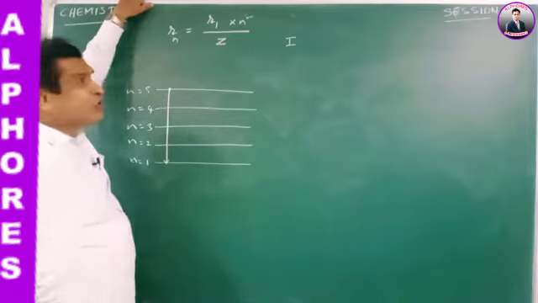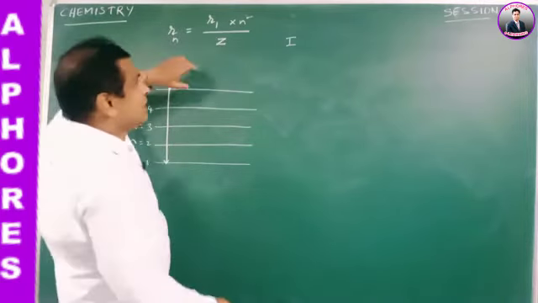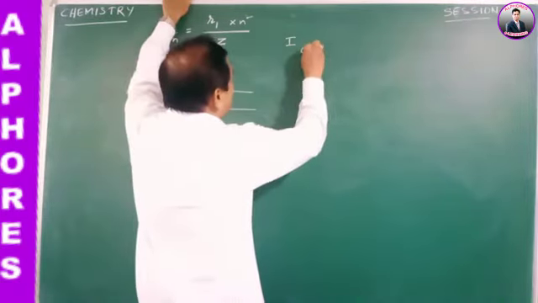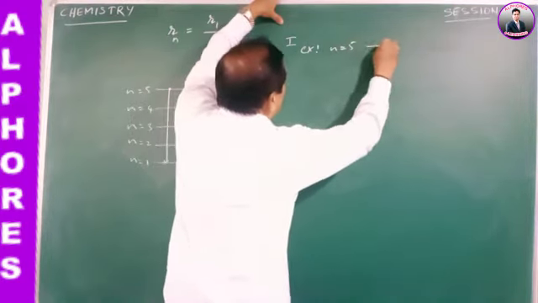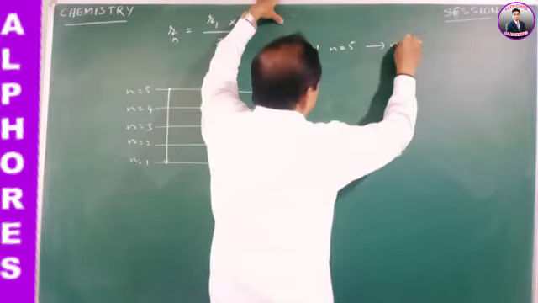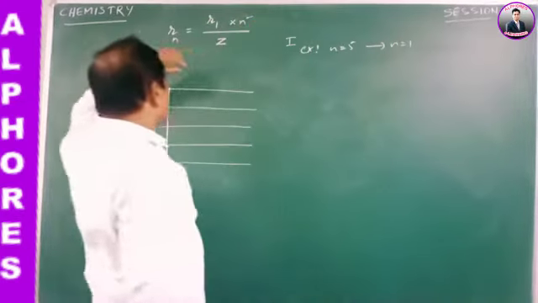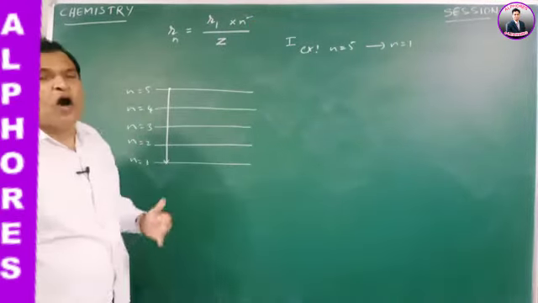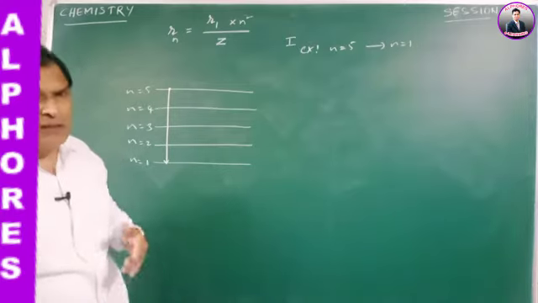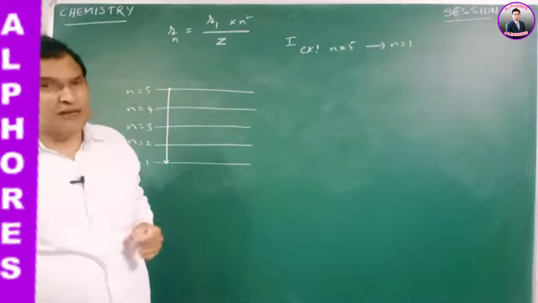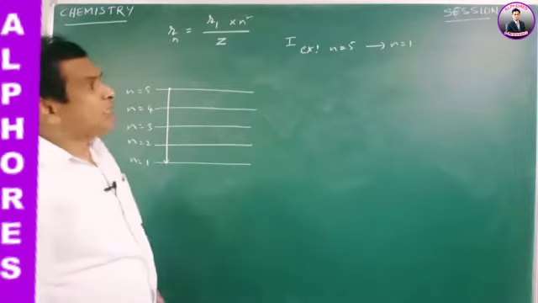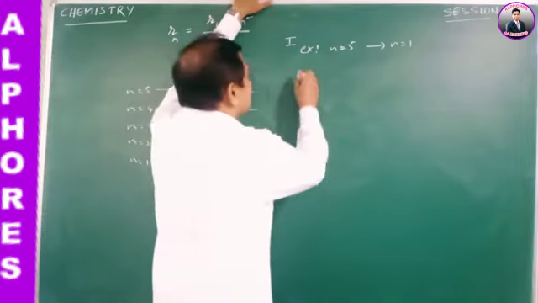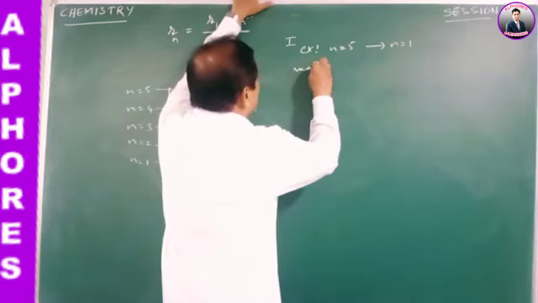The example I am taking here is n equals 5 to n equals 1. That means the electron is jumping from the fifth orbit to the first orbit. How many maximum number of spectral lines appear in the spectrum?